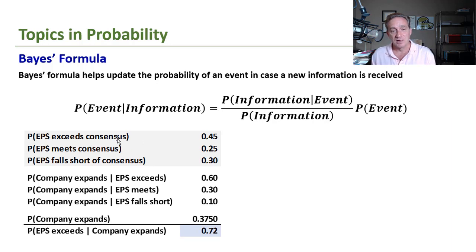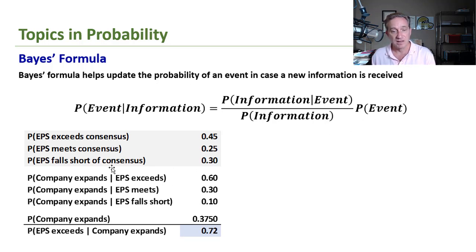The probability that the EPS exceeds consensus is 45%. And then we also have a 25% probability that the EPS meets consensus and a 30% probability that it falls short of consensus. So these are three unconditional probabilities, and they are analogous to the event. The event here could be any one of these three unconditional probabilities.